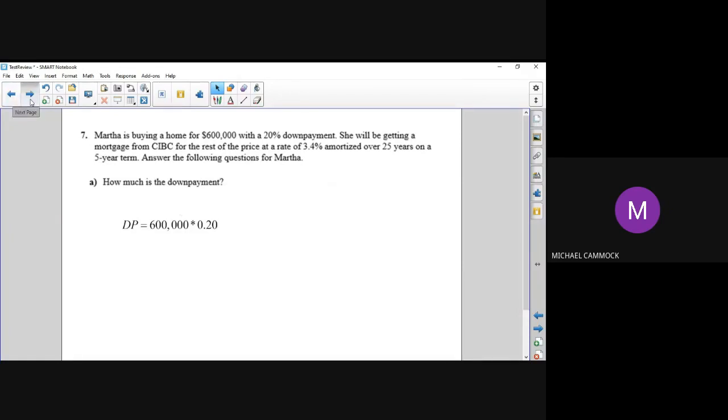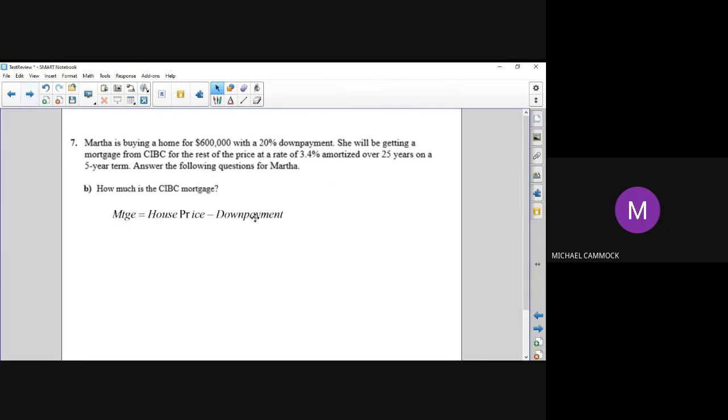Whatever that number works out to be, the down payment, I'm going to subtract that from the house price, from the $600,000. And whatever that difference is, that's my mortgage. I think you understand that part as well, because I don't think you asked me any questions about that. Does that make sense to you? Yes. Okay, perfect. So again, you can finish that up on your own.